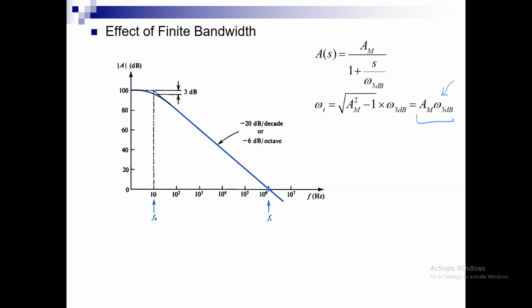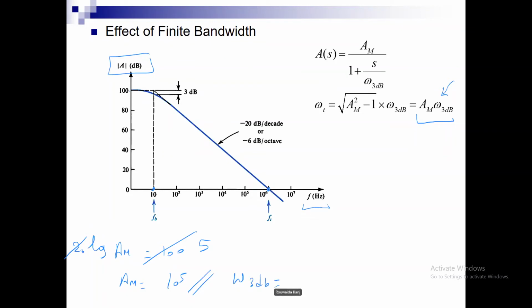Let's see here. He's showing me that A is 100 dB. So the gain AM: 20 log AM is equal to 100, which means AM is equal to 10 to the 5, right? And what is omega 3 dB here? He took the frequency. So omega 3 dB is equal here to 2 pi times 10, right?